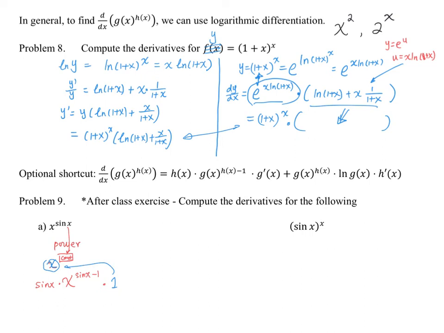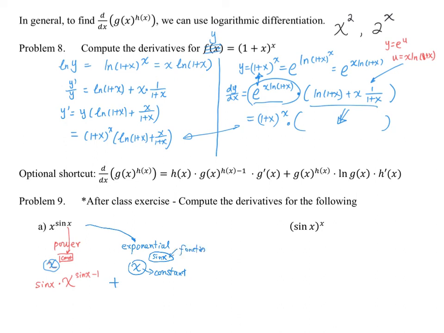Therefore, I'm not going to bother to write this out. Now the second part is, plus, this time I'm going to treat this as an exponential form. In other words, think of x as constant, and think of this sine x as your function, right?